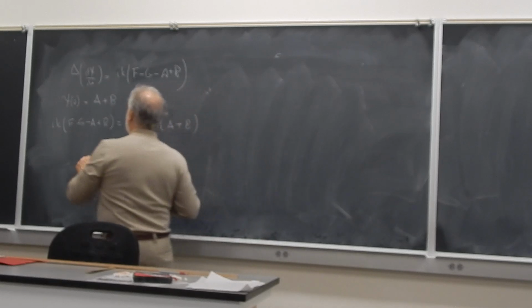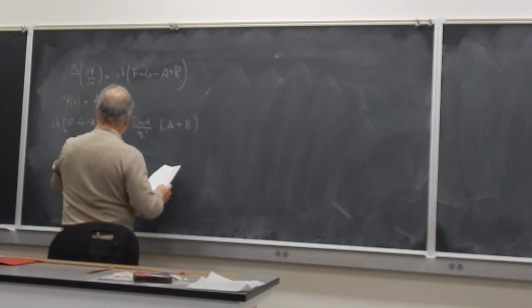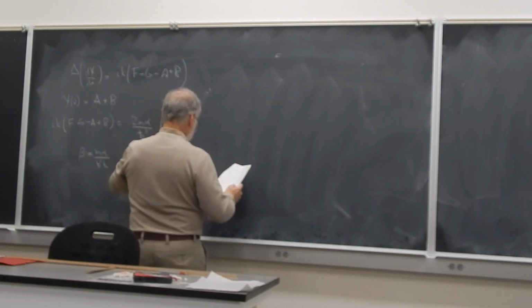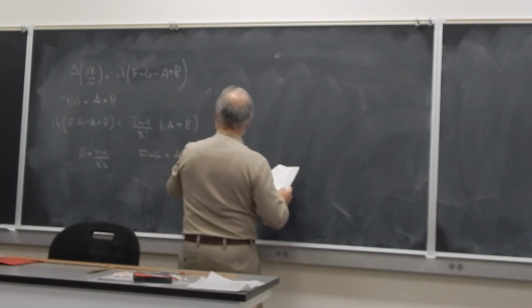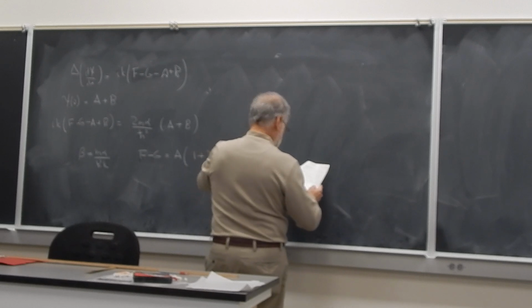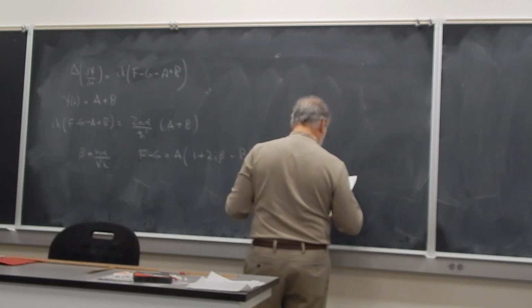I'm going to define beta equal to m alpha divided by h bar squared k. That means f minus g is equal to a times (1 plus 2i beta) minus b times (1 minus 2i beta).